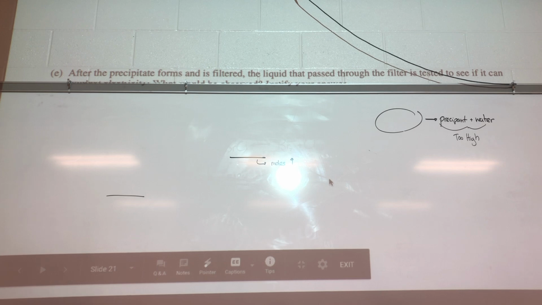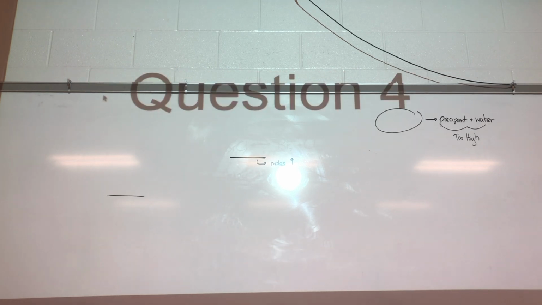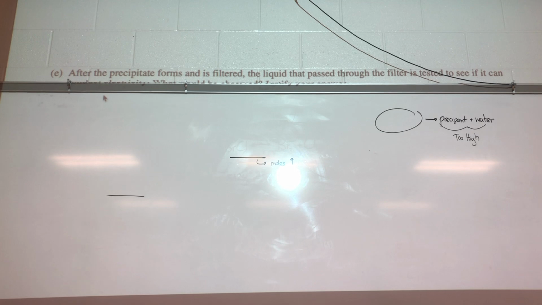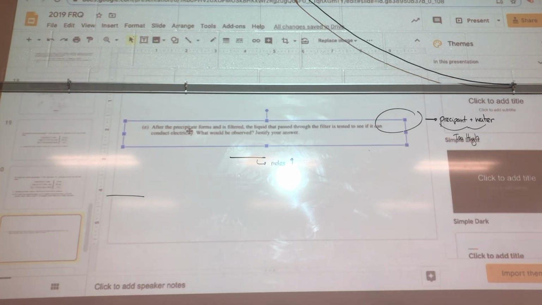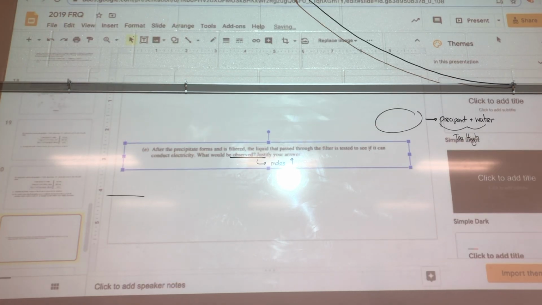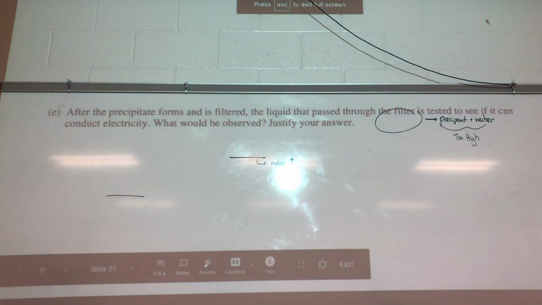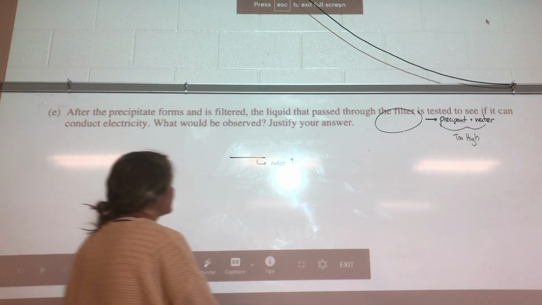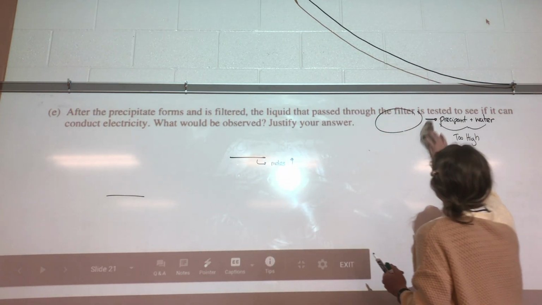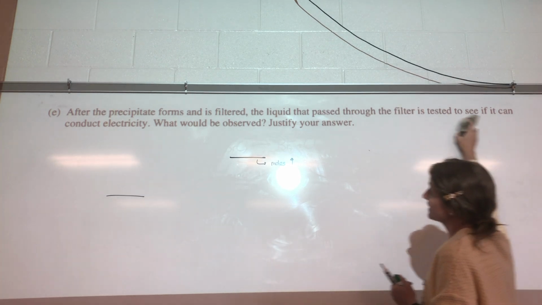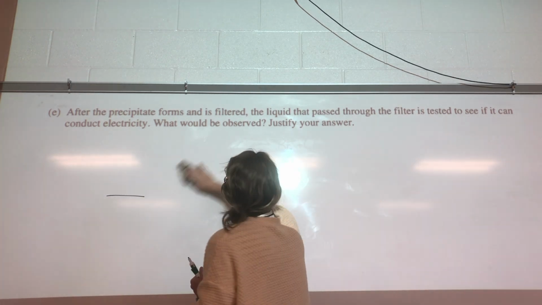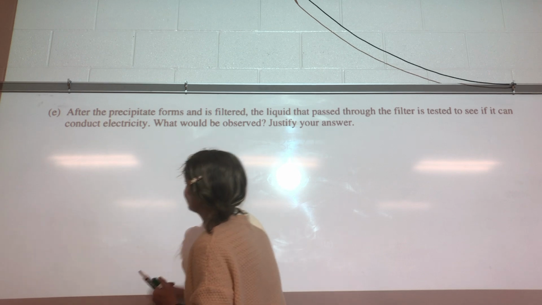Okay, E says, after the precipitant forms and is filtered, the liquid that passed through the filter is tested to see if it can conduct electricity, and then what would be observed, and then justify your answer.